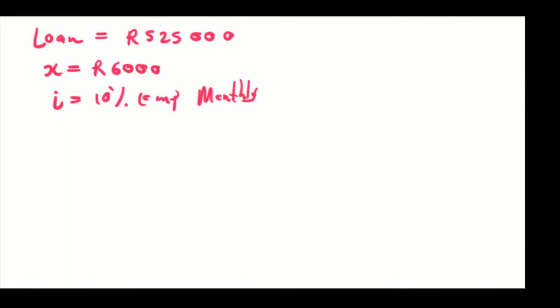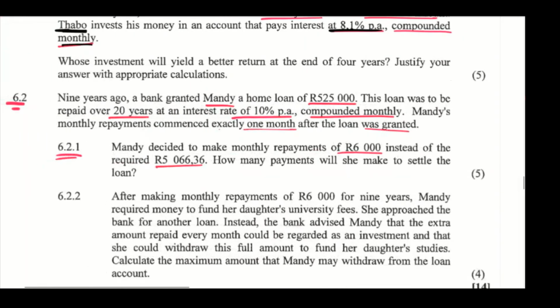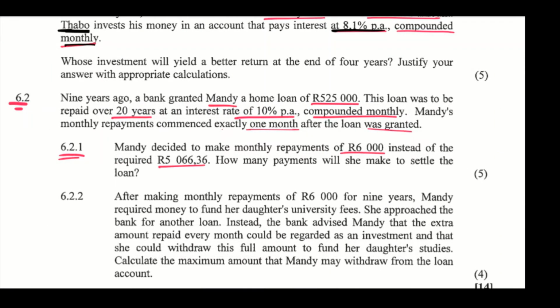So our period is 20 years, but the question wants us to identify the number of payments that are supposed to be made, right? So please ignore this period of 20 years for now.